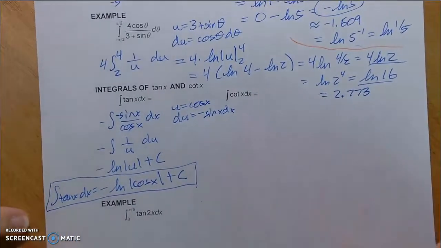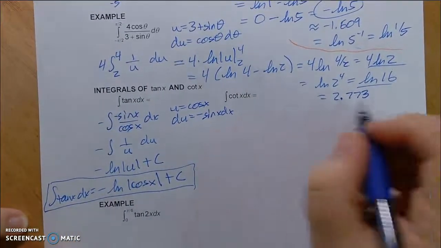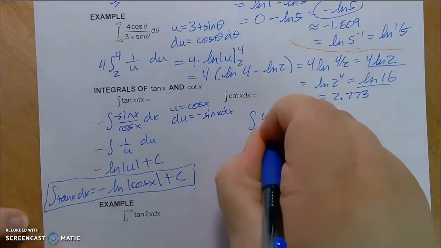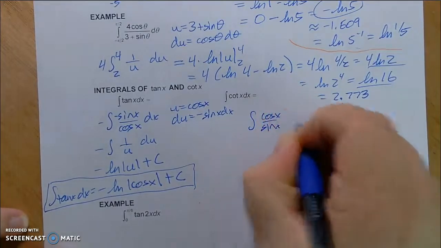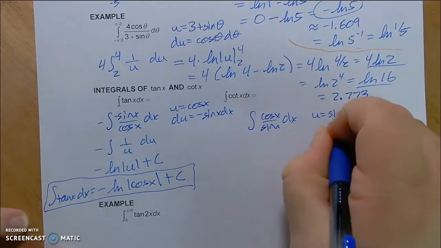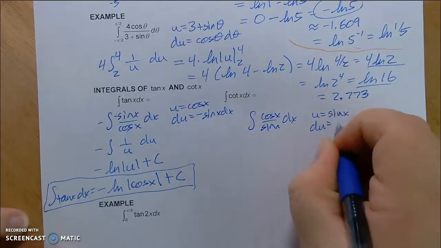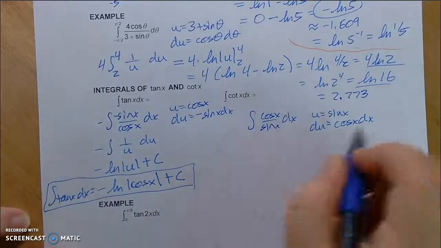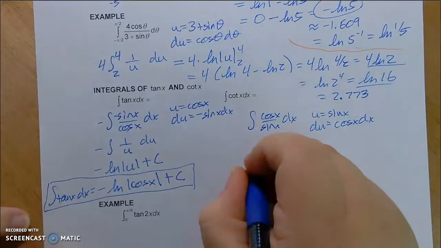If we do the same thing with cotangent here, it's very, very similar. We get the integral of cosine x over sine x dx. We let u equal sine x. du is cosine x dx. We don't have to worry about negative signs here.